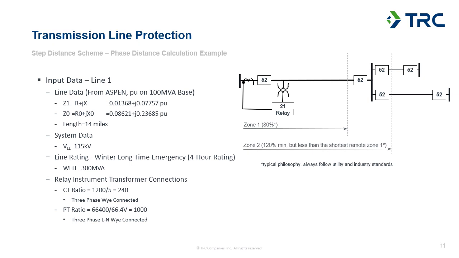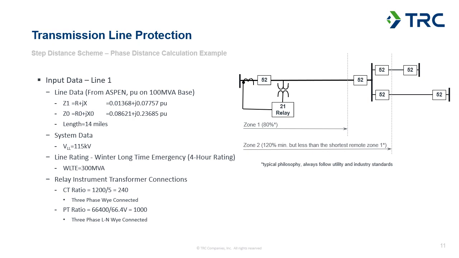Oftentimes they'll have multiple taps, so you can adjust the ratio by wiring to a different portion of the instrument transformer. So we're going to want to understand what the actual connected ratios are.